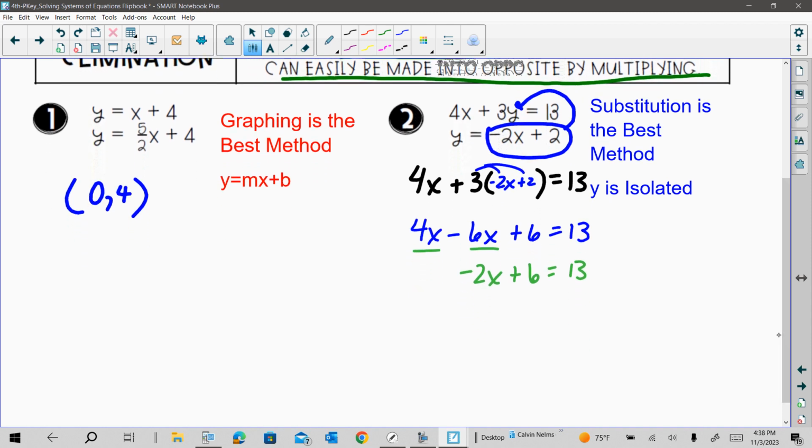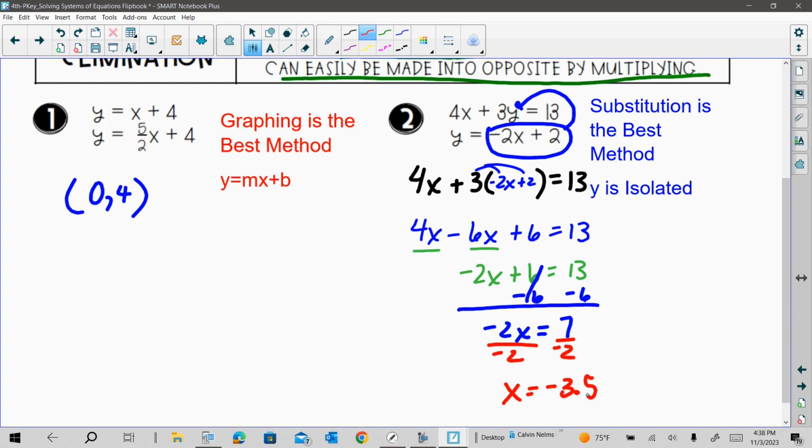Then we subtract 6 on both sides, and we get negative 2x equals 7. Divide by negative 2, and our x equals negative 3.5.